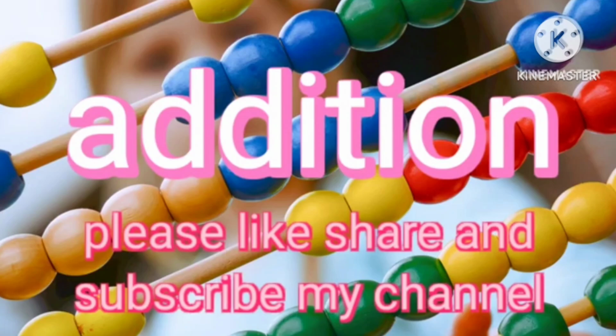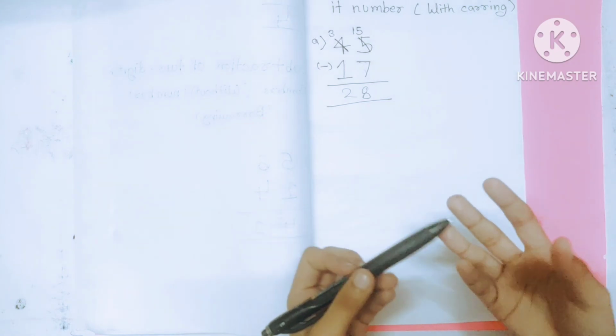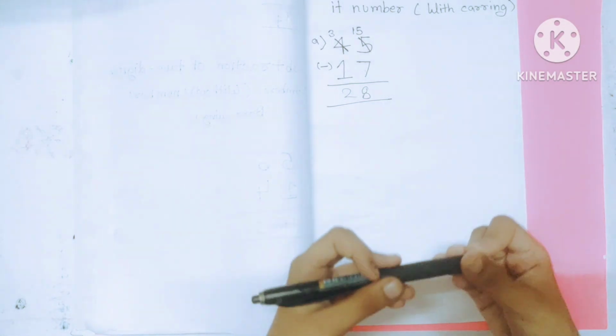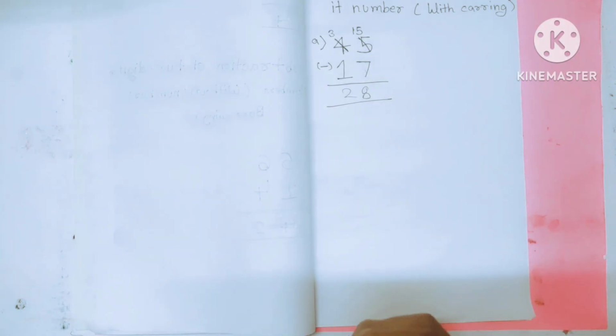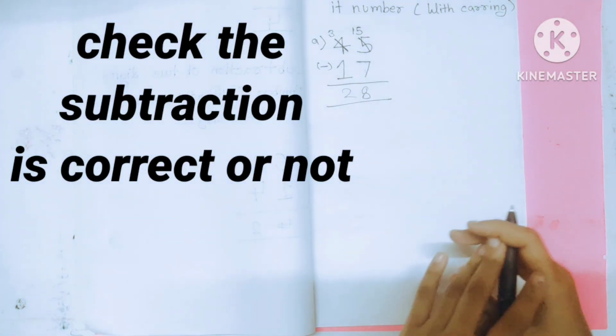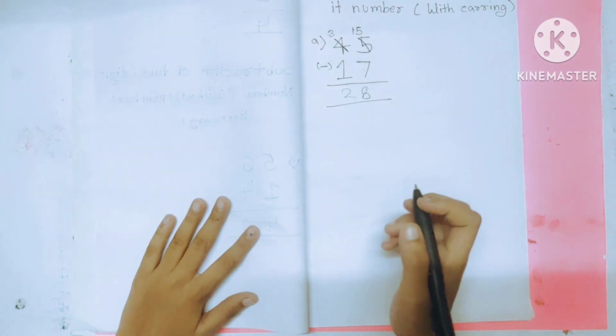You will learn how to do addition in a very easy way. So let's come back to our chapter. What I told you is that we should know addition. If you know addition, you can do it easily.